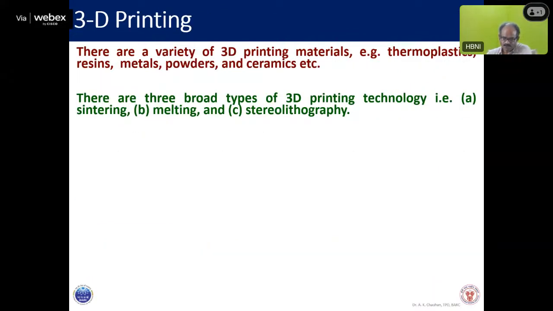There is a variety of 3D printing materials, for example thermoplastics, resins, metals, powders, and ceramics. These are placed in the printer just like ink in a normal printer. If you fill it with thermoplastics, resins, metal powders, or ceramics, then you can build layer by layer.